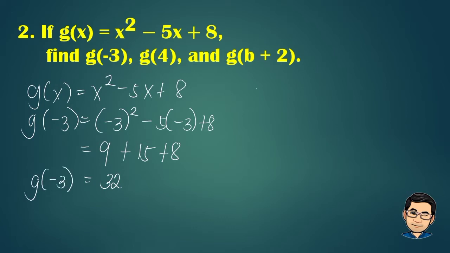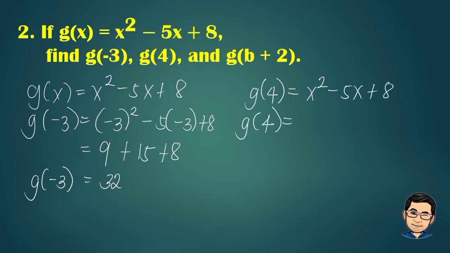Next, g of 4 is equal to x squared minus 5x plus 8. We substitute 4 in place of x. 4 squared minus 5 times 4 plus 8. Now, 4 squared, that is 4 times 4, 16.